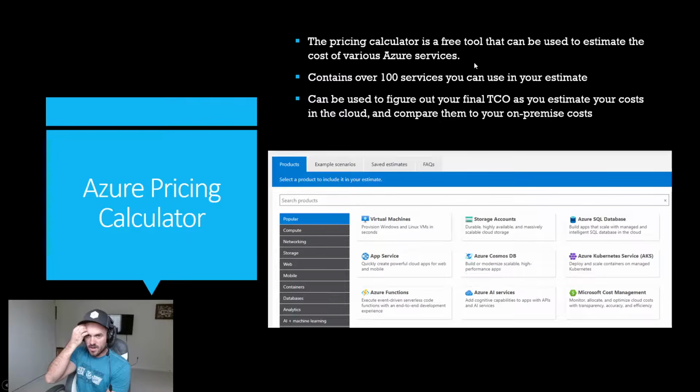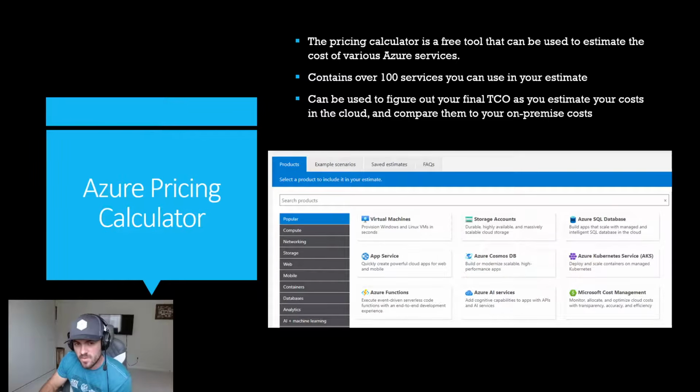It contains over 100 services that you can use in your estimate. And it could also be used to help you establish that TCO. Compare and contrast on-prem versus in Azure, so that you can, again, make sure that you're spending money as efficiently as possible.